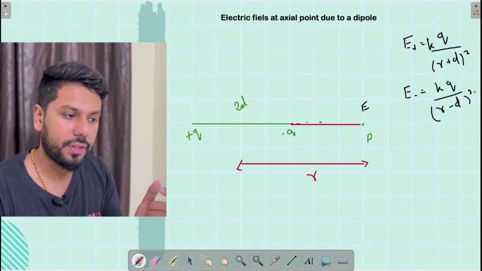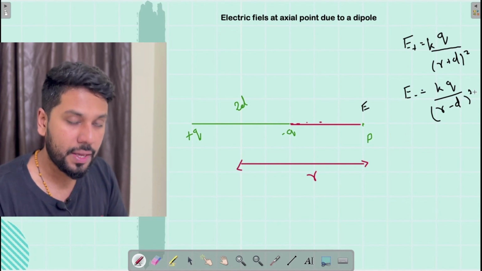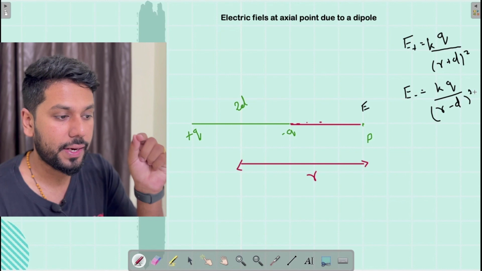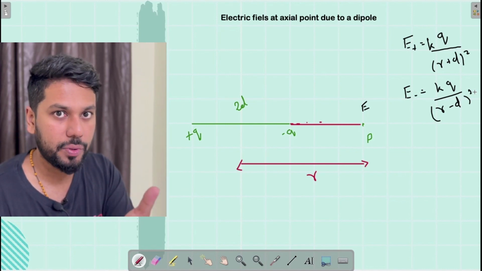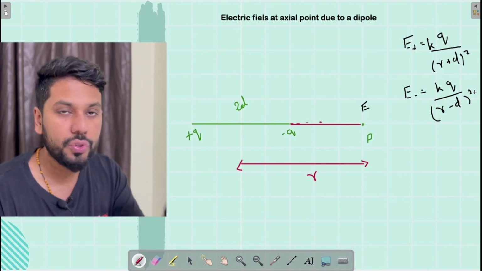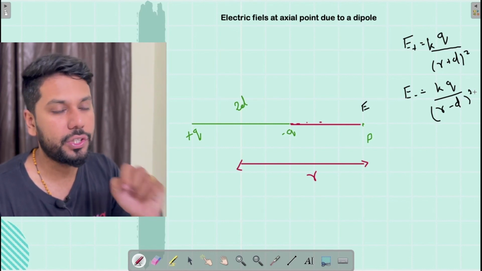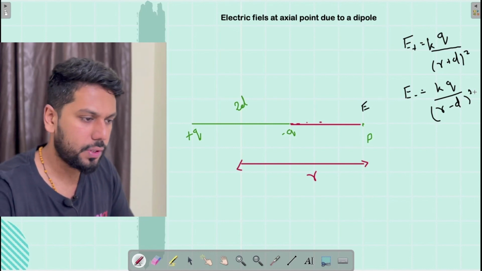Now if I want to find the net electric field, I just need to add them. I cannot add them simply, I need to do vector addition, because electric field is a vector. You must be knowing electric field is a vector, so let me do that vector addition.